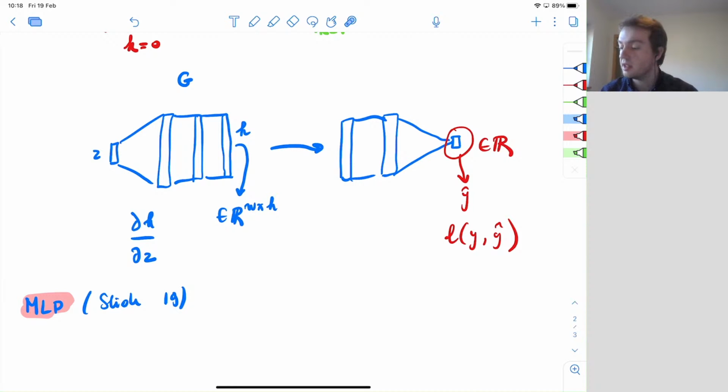And so in that case, we are back to the setup where the actual output of the computation is small, because this corresponds to a scalar value, even though the output of that first network was large and supposedly much larger than z.